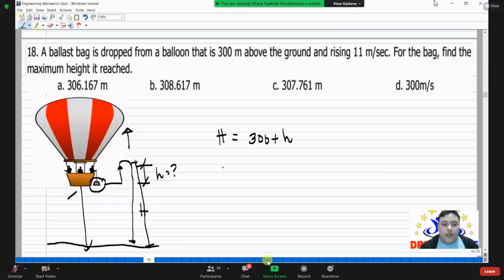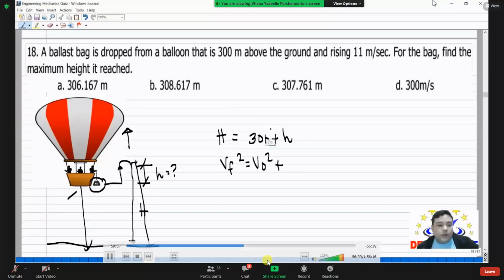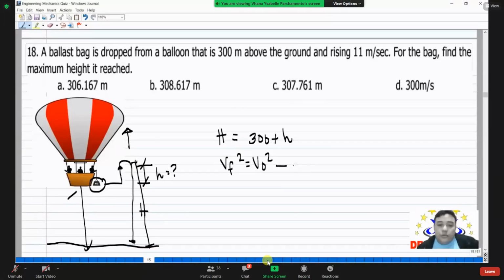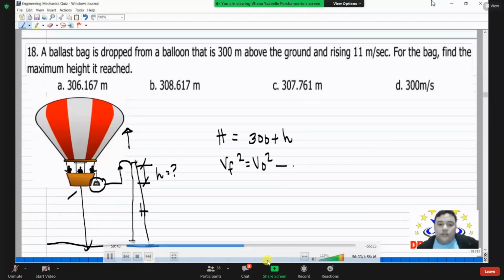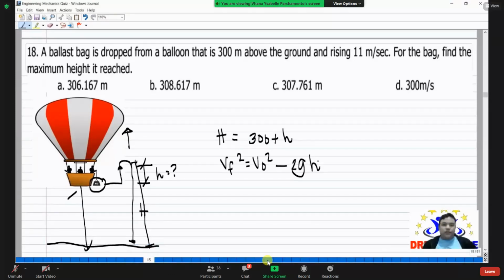So, gamitan na lang natin ang formula. VF squared is equal to VO squared plus, since yung natin free fall ay negative. So, pataas kasi siya. So, that is minus 2GH.